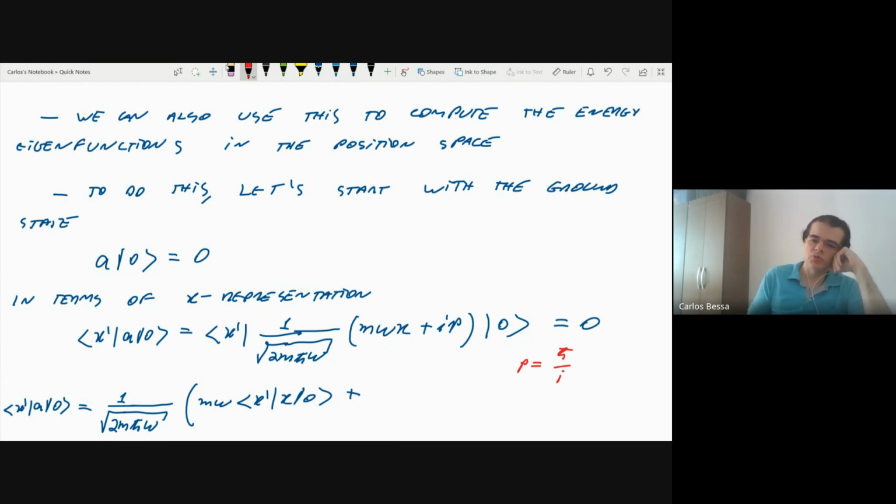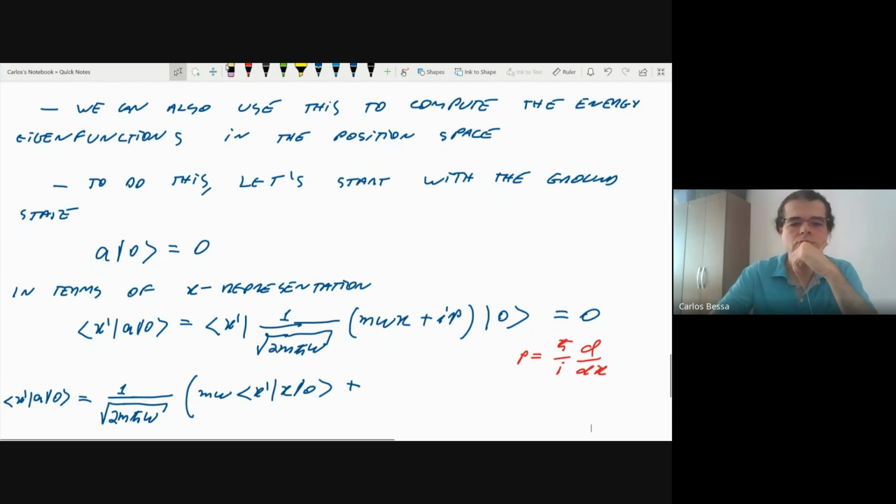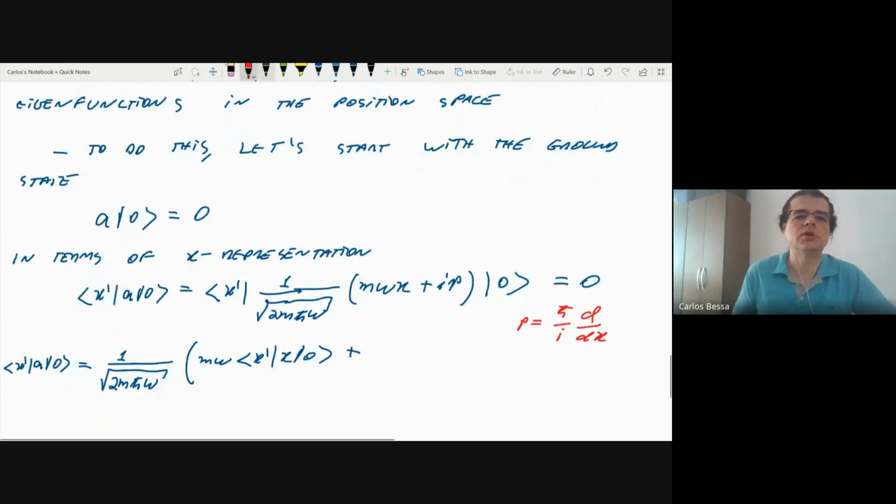We are considering one dimension, okay? If it's in 3 dimensions, this will be a gradient. But because we are considering just one dimension, I'll write it this way. So when I write this, the i goes away with this i here. So we'll have only h bar x prime d dx 0, and this is equal to 0.